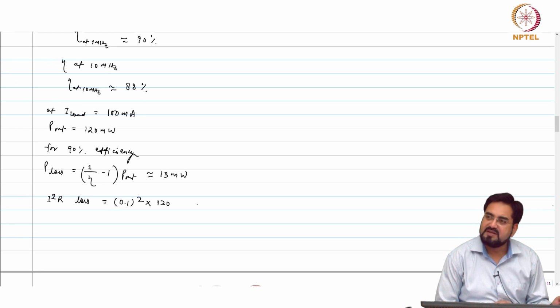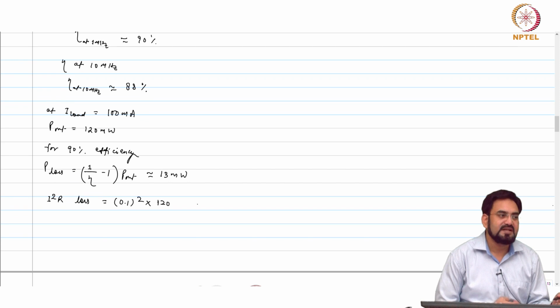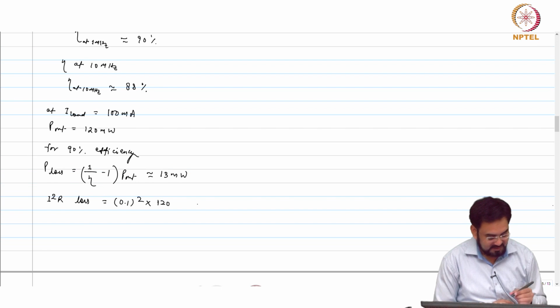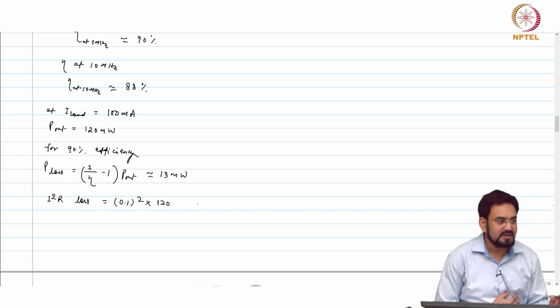Why did we keep 120? No, actually, we fixed that. We found that 90% of the loss should be conduction loss. No, how much was the total loss? 130, yeah? Okay. So 120 we fixed. Okay, correct. So we had budgeted roughly 12 milliwatt for other losses.